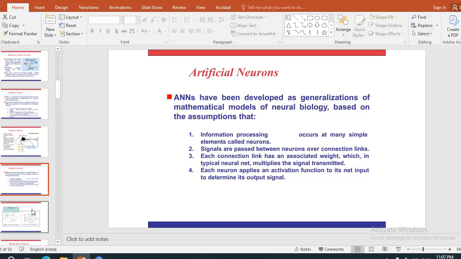If greater than 0, the same value is output; if less than 0, we get only 0. So it provides a linear function, which is called a rectified linear unit, that is the ReLU function. This ReLU function is mainly used in hidden layer applications.